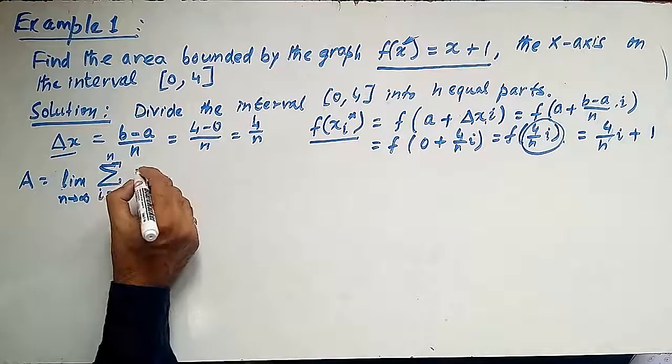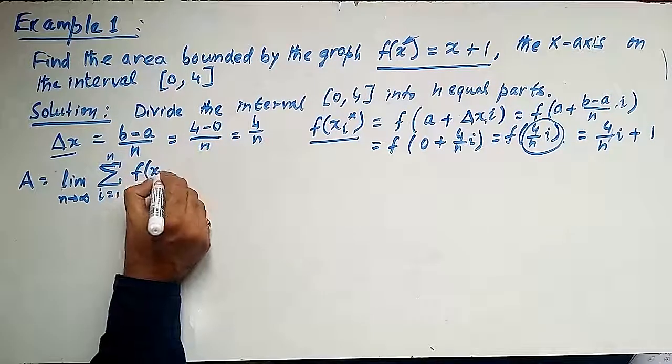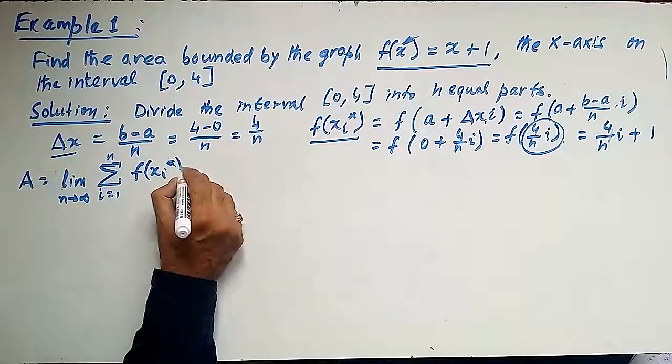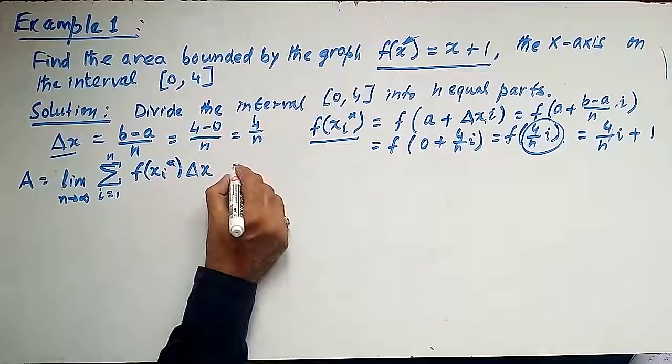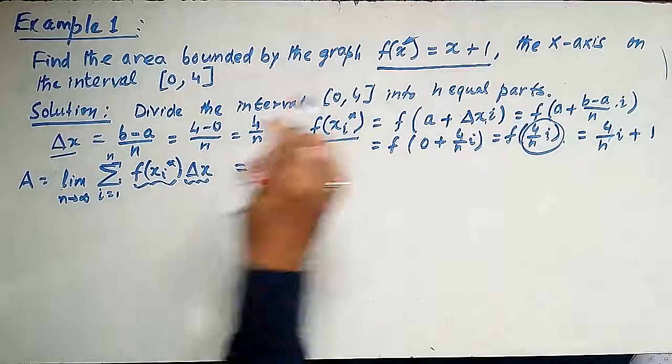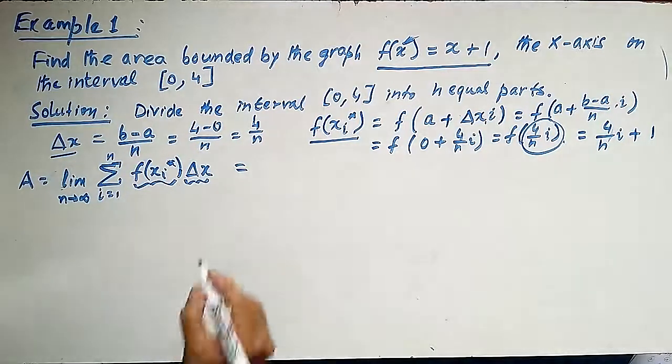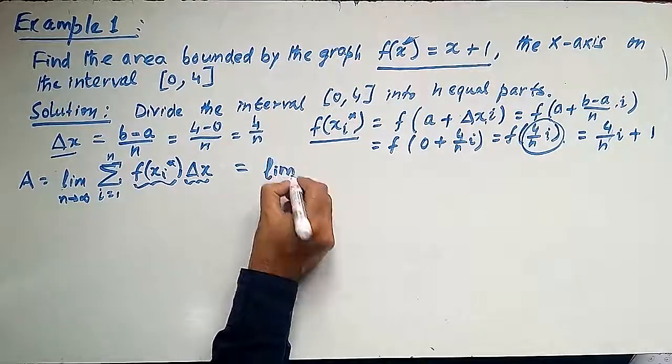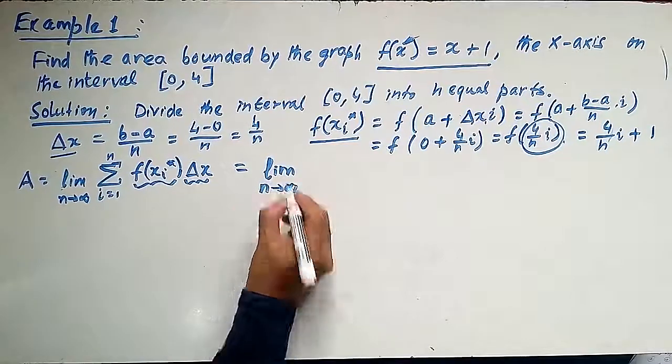So this is equal to f of x_i star into delta x.